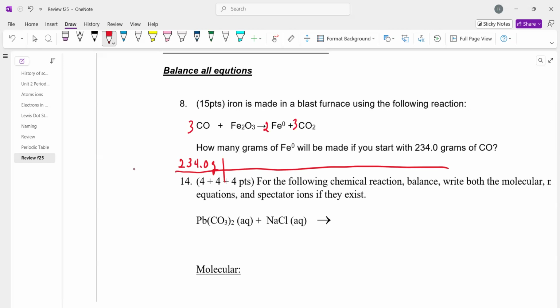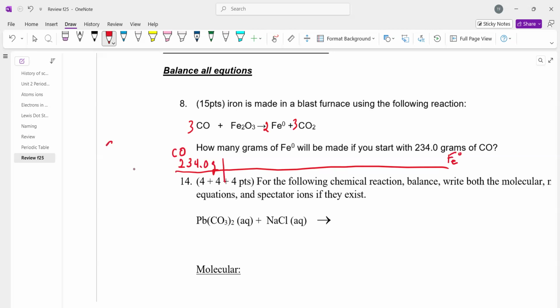First step is balance the equation. We've done that. Okay, so we're starting with carbon monoxide, CO. We want to end with iron metal. So first thing is convert carbon monoxide to moles.